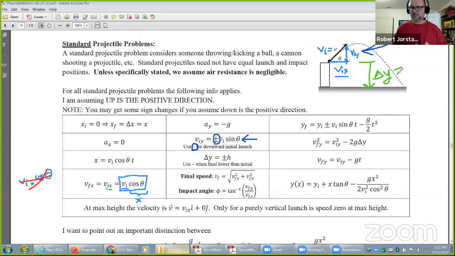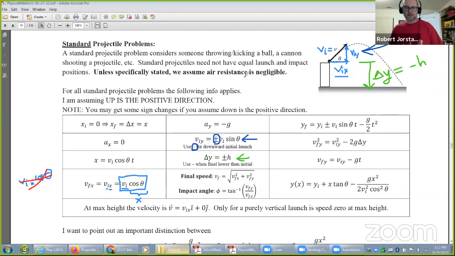Delta y is going to equal distance h in the negative j hat. And so remember, this has an implied j hat on it, right? Okay, so far, hopefully that makes some sense.